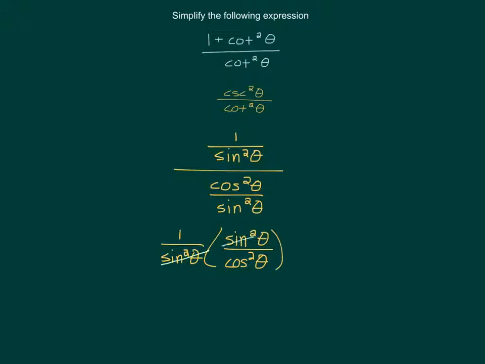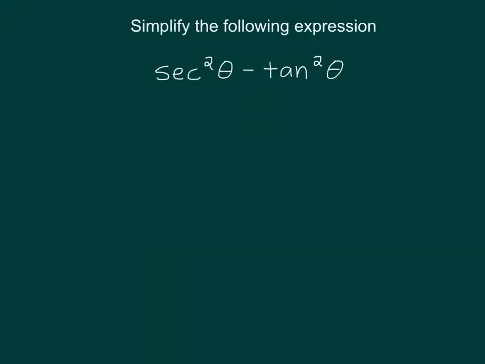Sine squareds cancel. So we get 1 over cosine squared theta, which is secant squared theta. So when we simplify, our goal is to rewrite in terms of one trig function. We've done that.